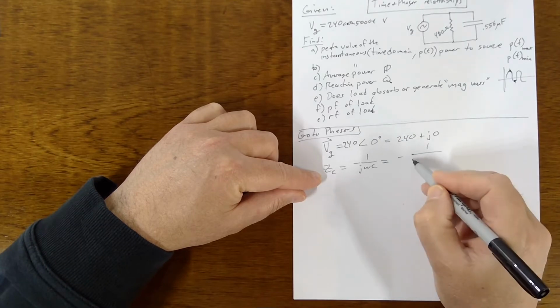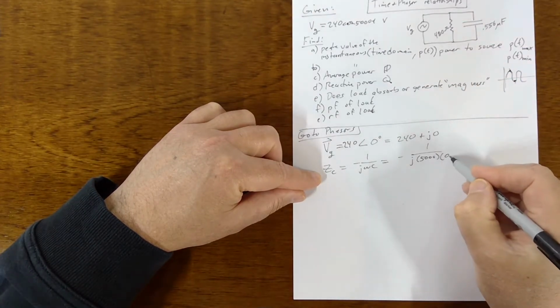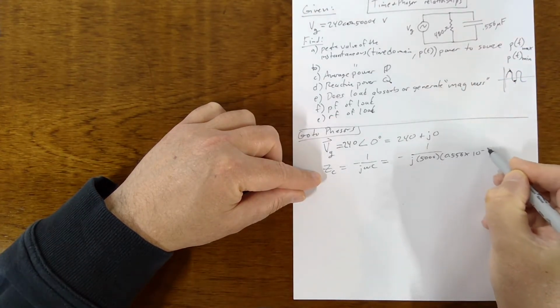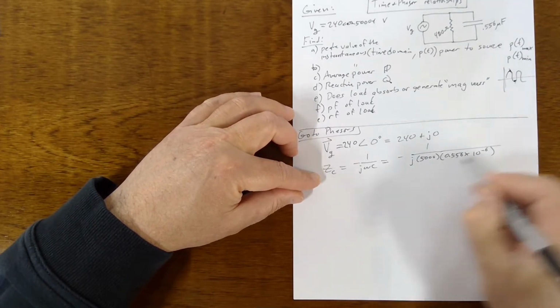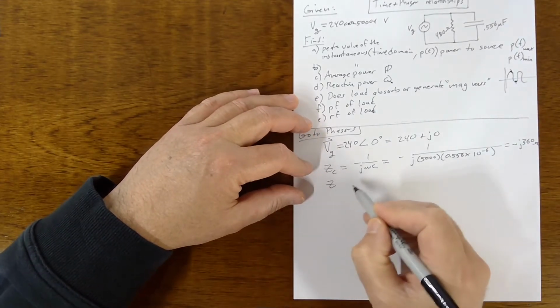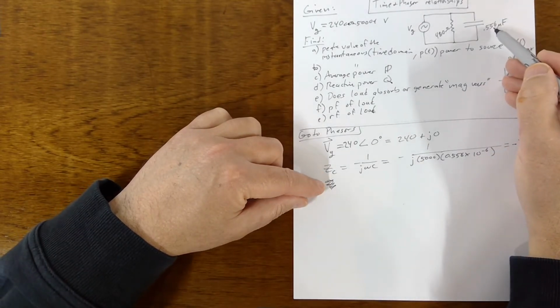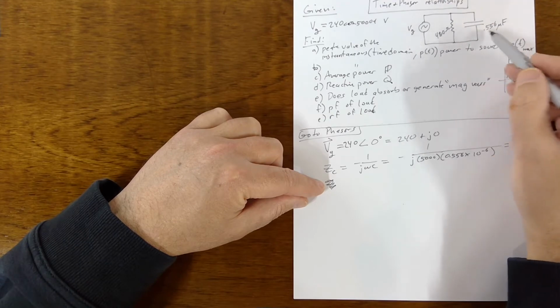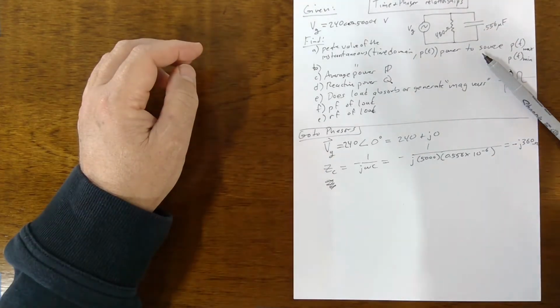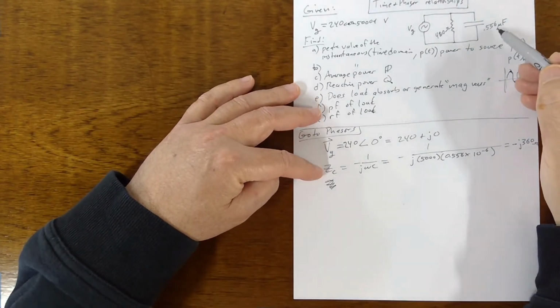It's minus 1 over j omega C. Omega is 5,000, this is omega up here, and the 0.556 microfarad is minus j360 ohms. So Z sub C is the impedance of the cap.